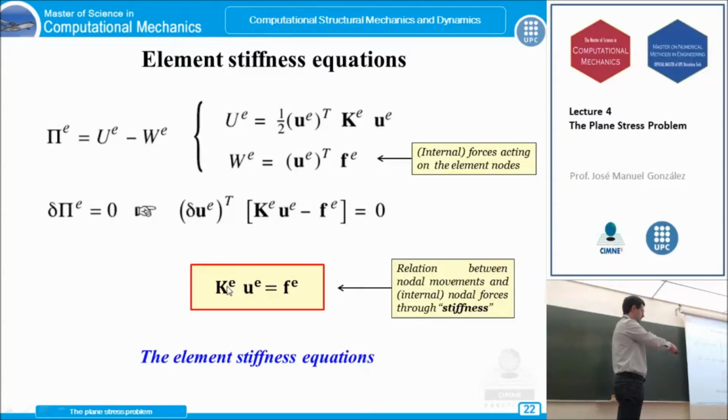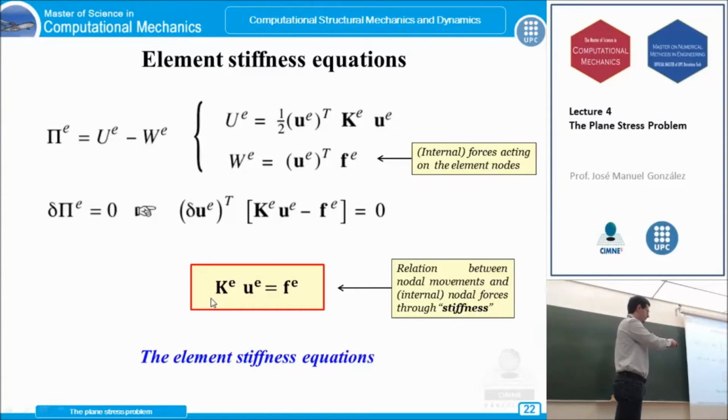So this leads us to an expression equal to the one we had in the bar element, which relates the internal nodal values and the consistent nodal force vector in the nodes of the discretization of the element, related using this stiffness matrix K, calculated as we saw before.